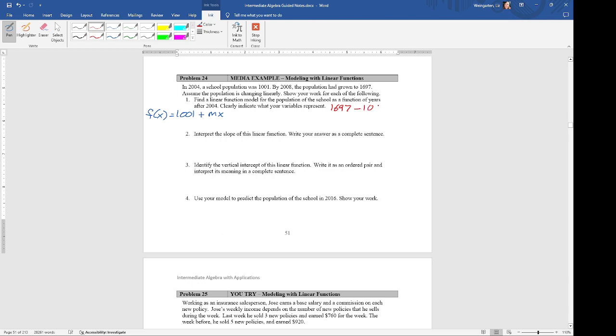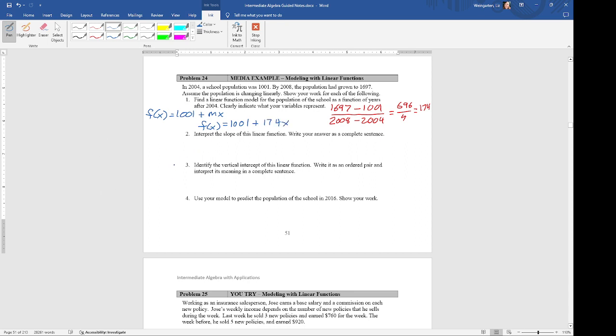We're subtracting off 1,001 and dividing by the difference of our inputs, making sure we keep the same order. 696 over 4, and that gives us 174. That's our slope. So our updated function is now f of x is equal to 1,001 plus 174 students per year.